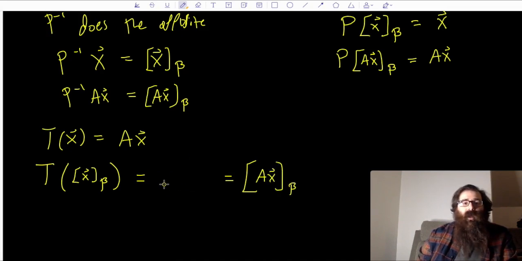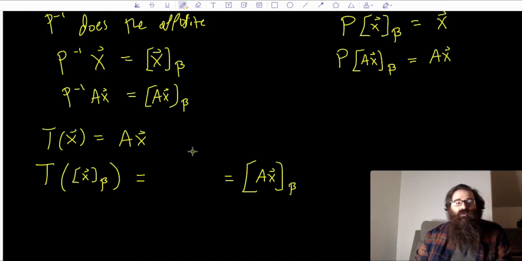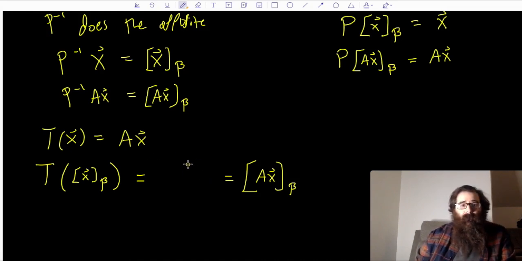But I want to know, how does this look in terms of the transformation? And we're going to be optimistic. We're going to hope for the best. We're saying our transformation T in the standard basis was just matrix multiplication. So I took my input vector, I multiplied it by a matrix, and that brought me to my output. What I'm hoping is that my transformation T applied on a vector in the non-standard coordinate system is going to be not dissimilar from this.